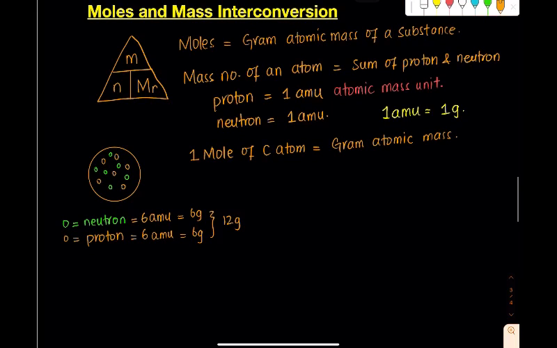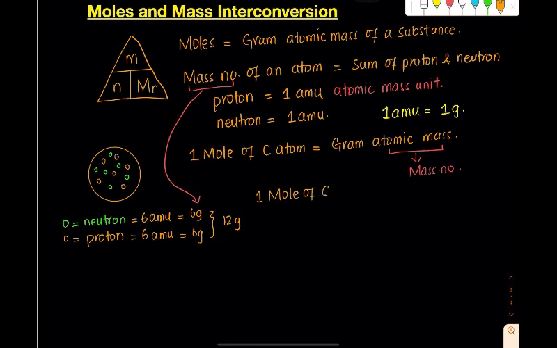This atomic mass is talking about the mass number. And what is this mass number? This is the sum of proton and neutron number, which is 12 grams. So 1 mole of carbon atom equals 12 grams of carbon atom.